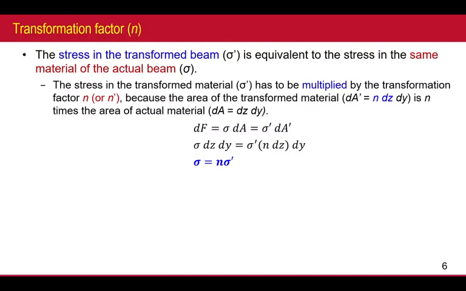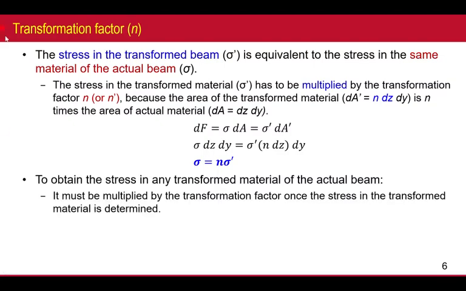Remember, sigma prime is transformed, it's not real. It's not the real parts, it's transformed just for calculation. But afterwards, we multiply by n, and that becomes the real parts. Okay?